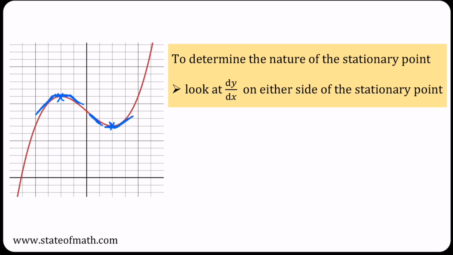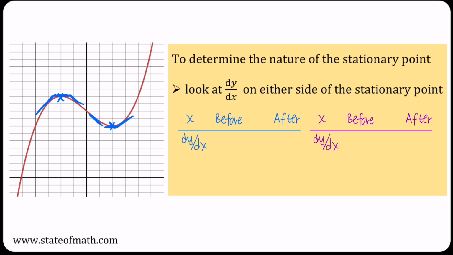So this corresponds to the shape that will give me a minimum point. The idea is quite simple. We look at the dy/dx before and after the stationary point. If it goes positive and then negative, then we can see that it's going uphill. At the stationary point, it's going horizontal, and after it's going downhill. So this corresponds to a maximum point.